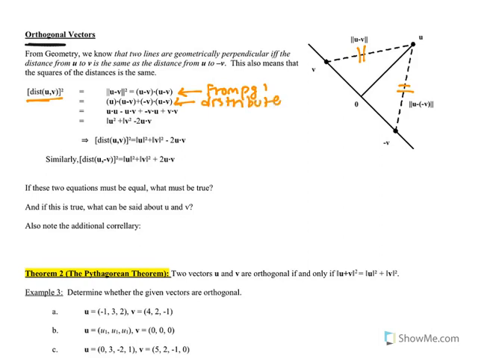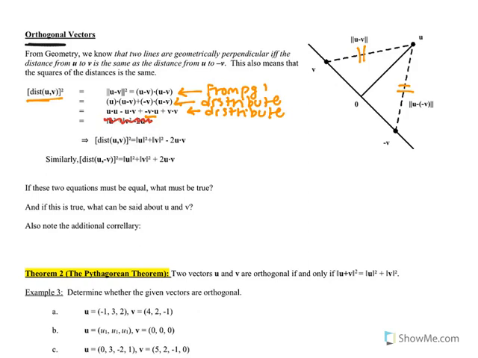The second step is u distributing: dotting u with u minus v, and then adding that to negative v dotted with u minus v. Distributing again in the third step: u dotted with u, minus u dotted with v, plus negative v dotted with u, plus v dot v. I'm sorry, this line is supposed to look a little different.